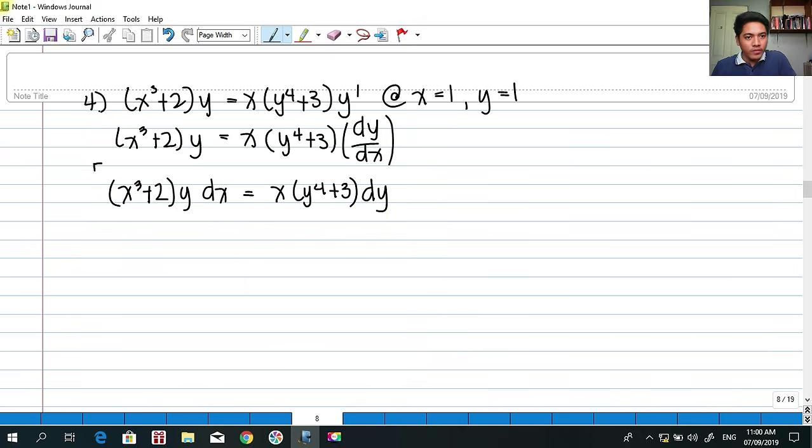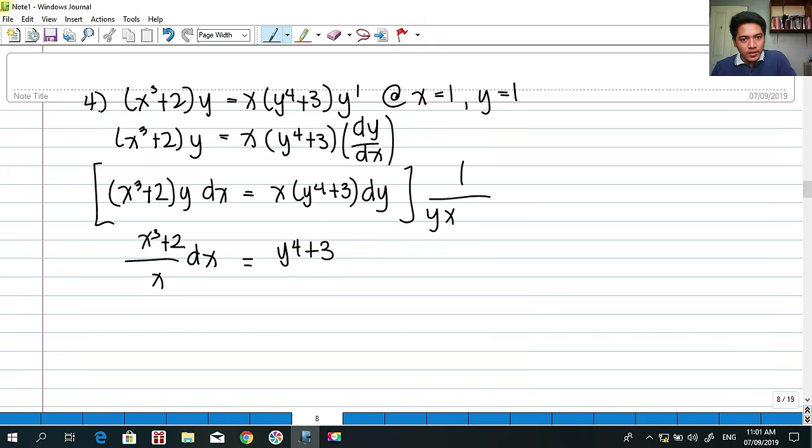And if I'm going to divide the whole equation by y, and here by x, so simply what will happen is we have x cubed plus 2 over x dx is now equal to y raised to 4 plus 3 dy over y.